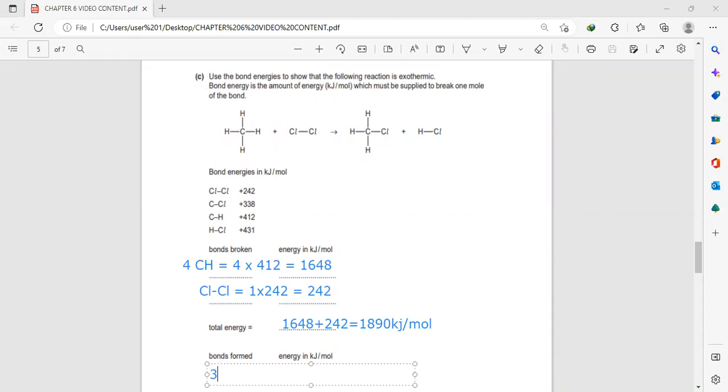So 3 CH equals 3 into 412 equals 1236. 1 CCl bond equals 1 into 338 equals 338. 1 HCl bond, 1 into 431 equals 431.